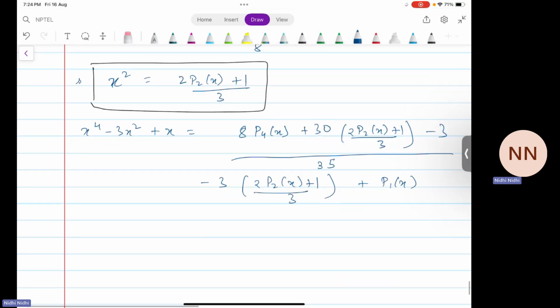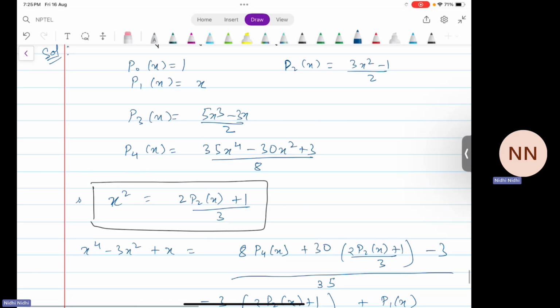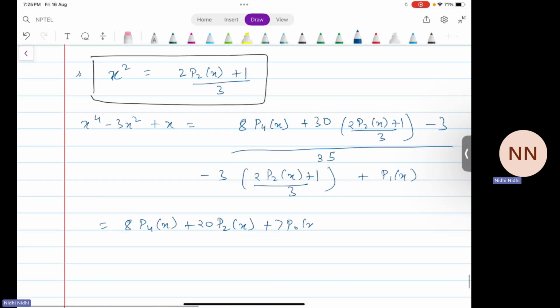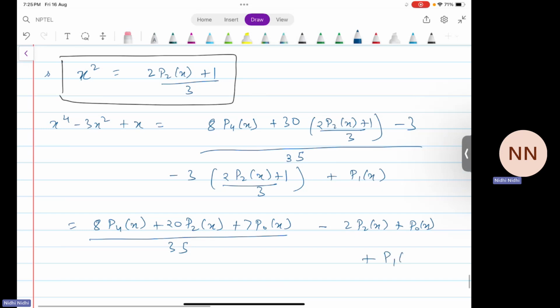So let's just simplify it. We'll get (8P4(x) plus 20P2(x) plus 7 times 1) by 35, and since 1 is P0(x), we'll just write it as 7 P0(x) by 5, minus 2P2(x) plus P0(x), plus P1(x).